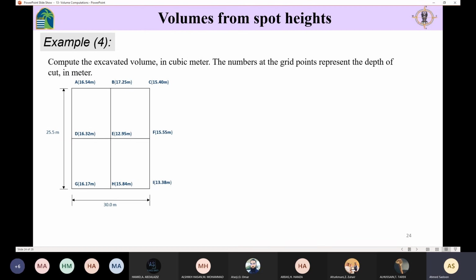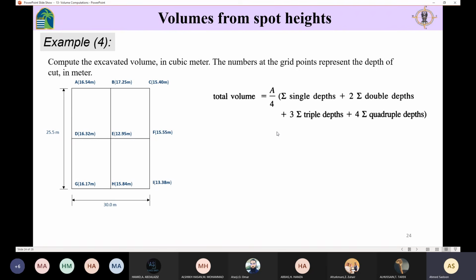But here I need to use only one formula to achieve that, without determining all of the areas and then combining them together. So here I need to know the value of the area. Remember, it is for only one spot, which means this length times that length, not the whole area. You need to remember this.